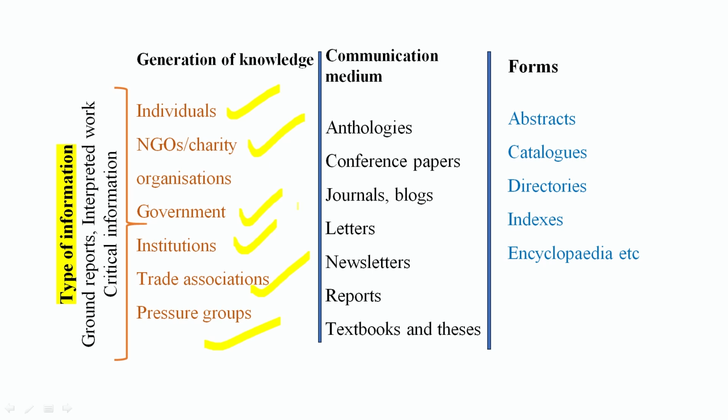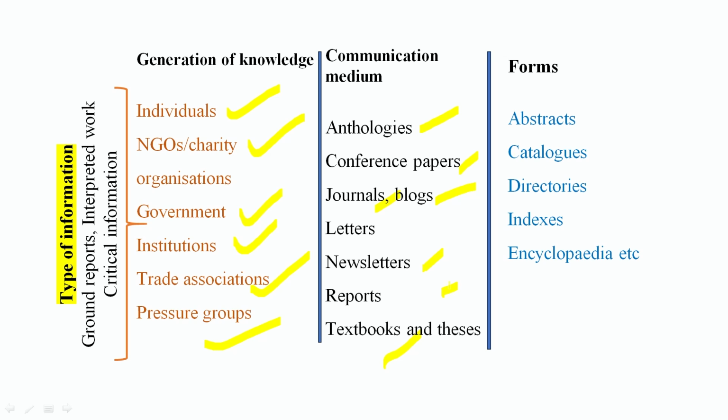They bring out different publications. These publications give you insight on the developments or evaluations or the progress happening in an area. And the second format is anthologies, conference papers, blogs or journal publications, newsletters, reports, textbooks and thesis.